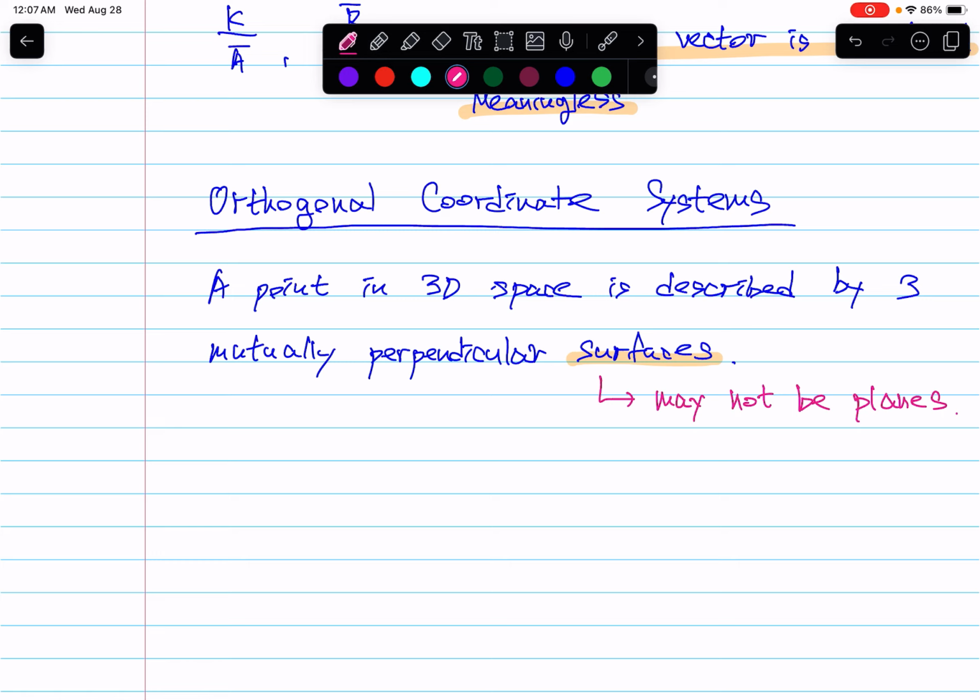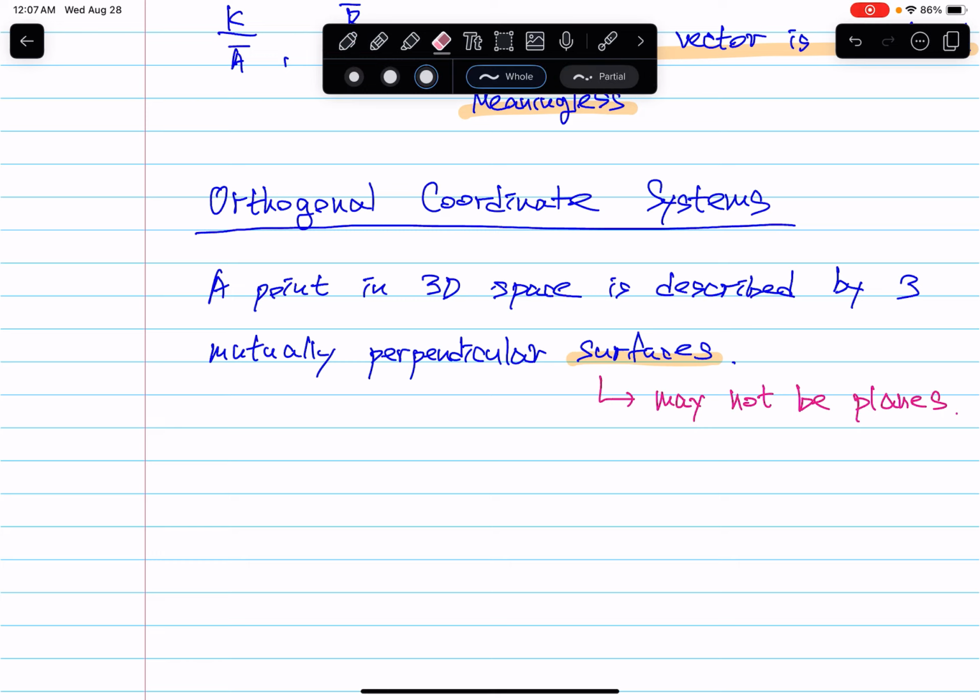But they are still perpendicular to each other. So we express the three mutually perpendicular surfaces using base vectors.